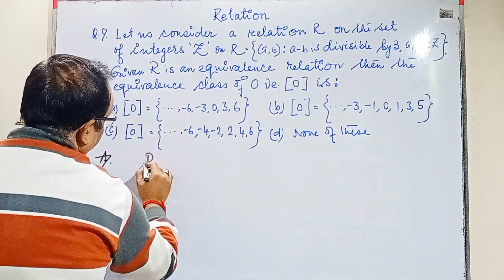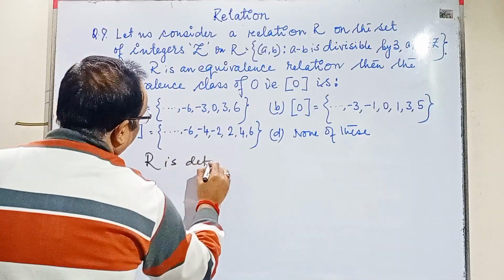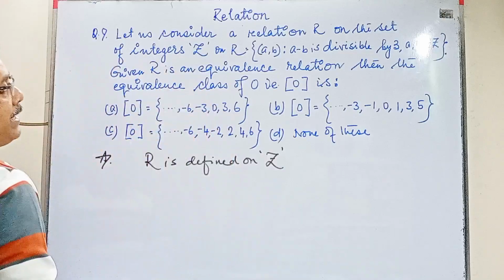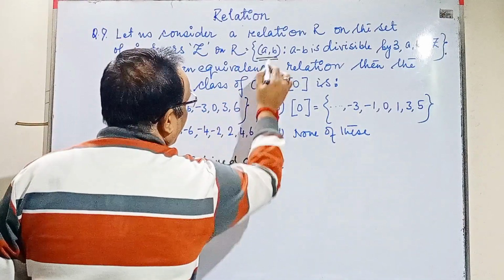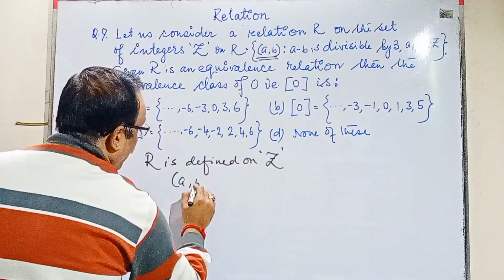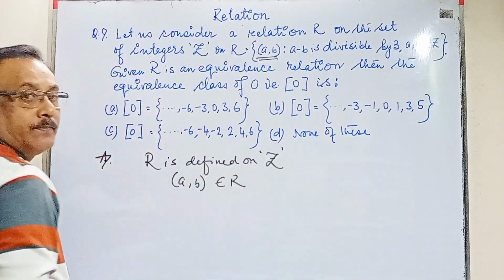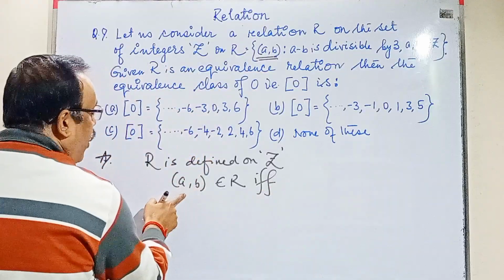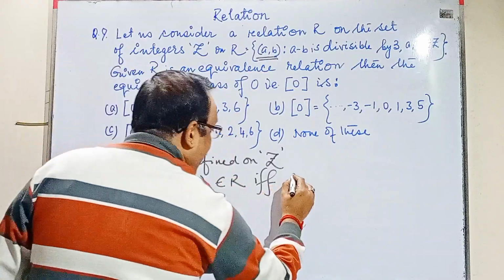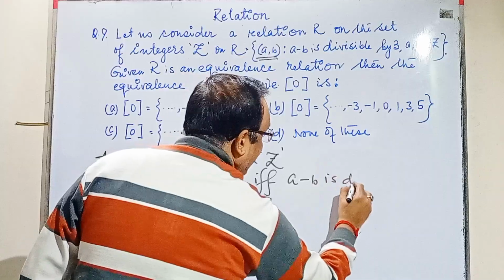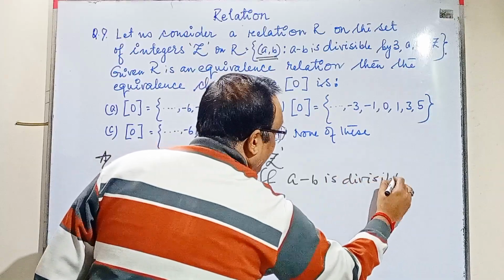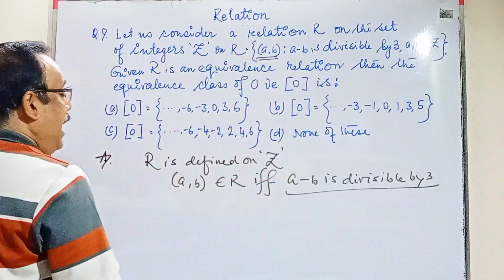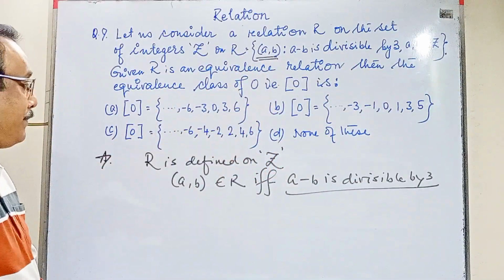So R is defined on Z, such that this ordered pair (A, B) belongs to R. And not only that, (A, B) will belong to R if A minus B is divisible by 3. This is what is said. And A and B belong to Z.